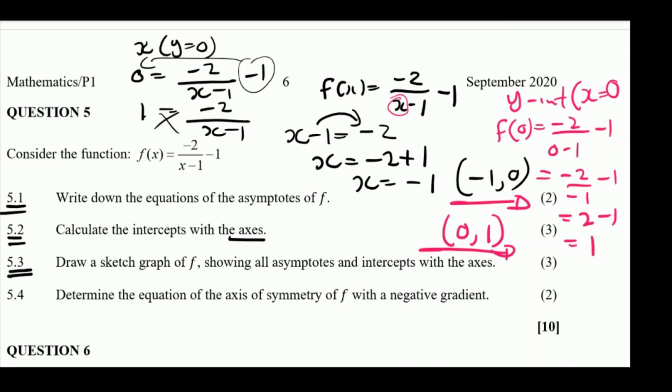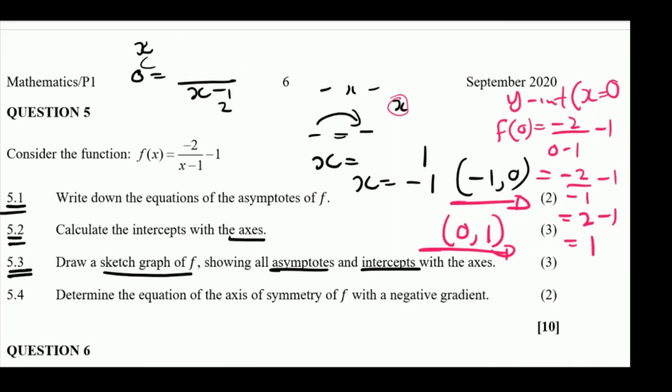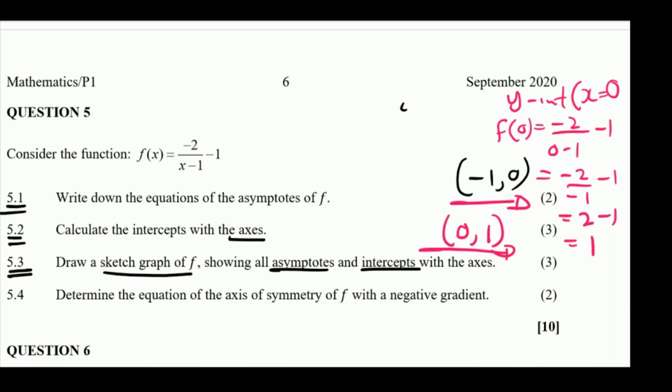So now going to 5.3, we are asked to sketch the graph of f showing all asymptotes and intercepts with the axes. So we're just going to draw it somewhere here and indicate all our intercepts and our asymptotes, right? This is a hyperbola, so it's going to look something like this.